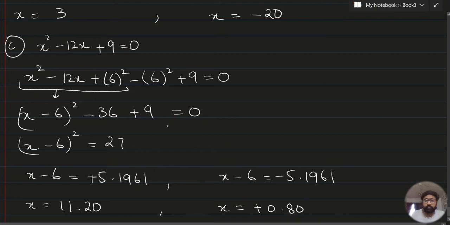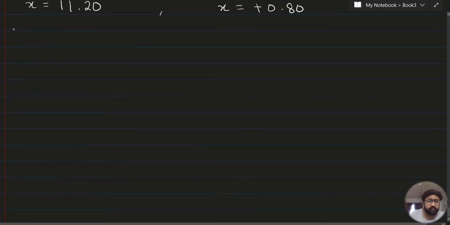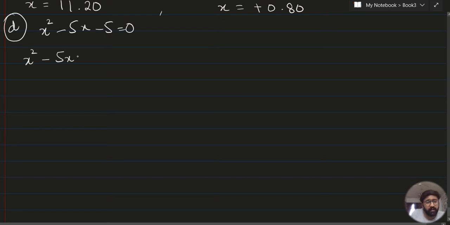Now let's move on to the next part, part D. The D part is x square minus 5x minus 5 is equal to 0. Again, x square minus 5x.